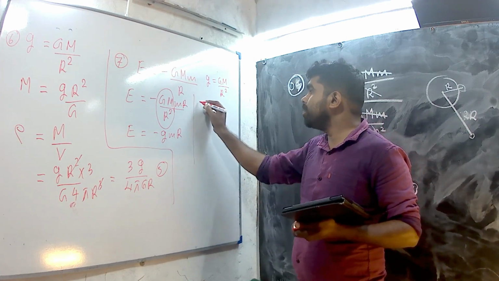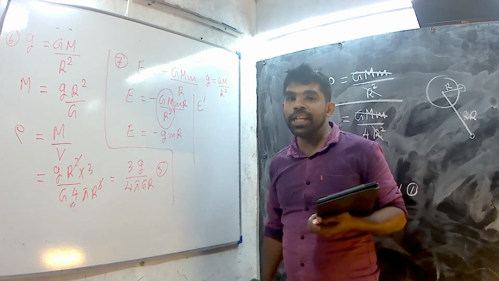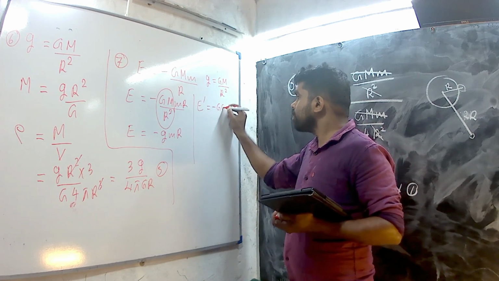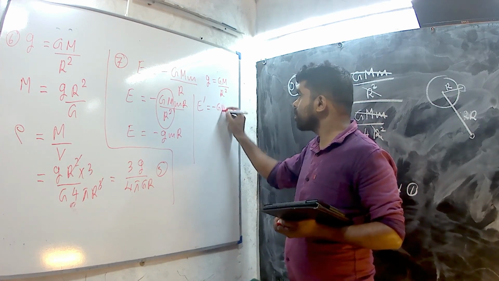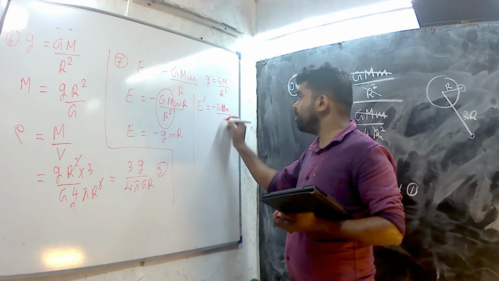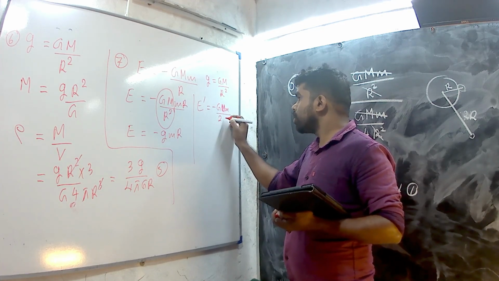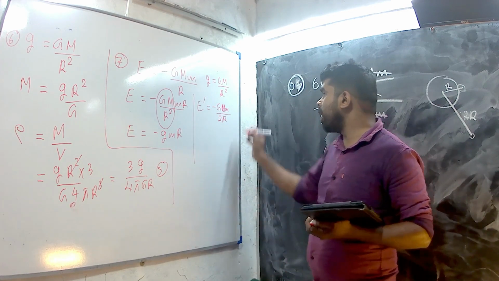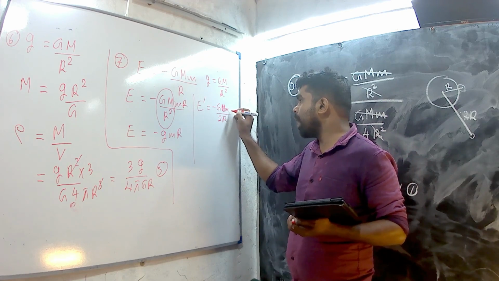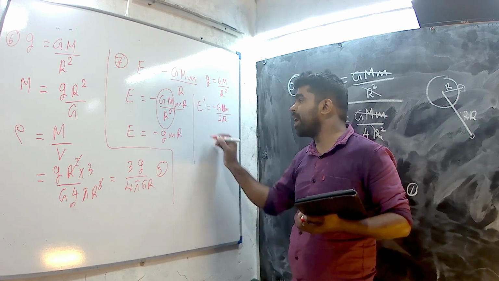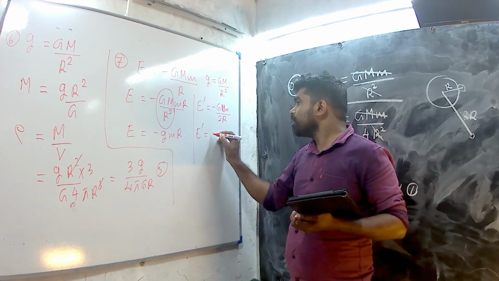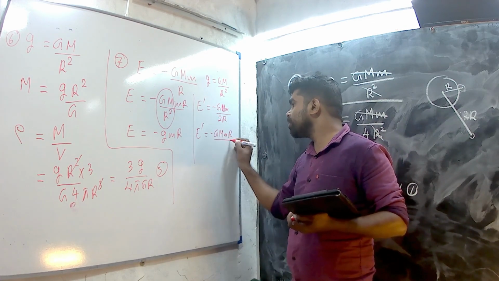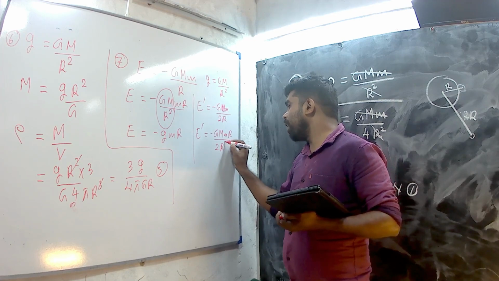I will consider the potential energy as E dash equals minus GMm over 2R. Again I will multiply numerator and denominator by capital R, minus GMmR over 2R squared.